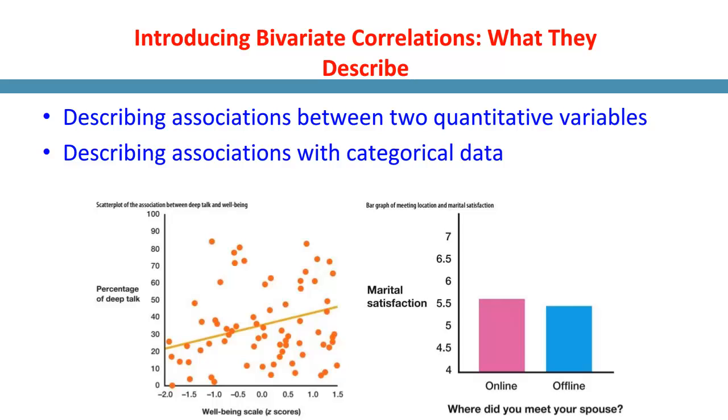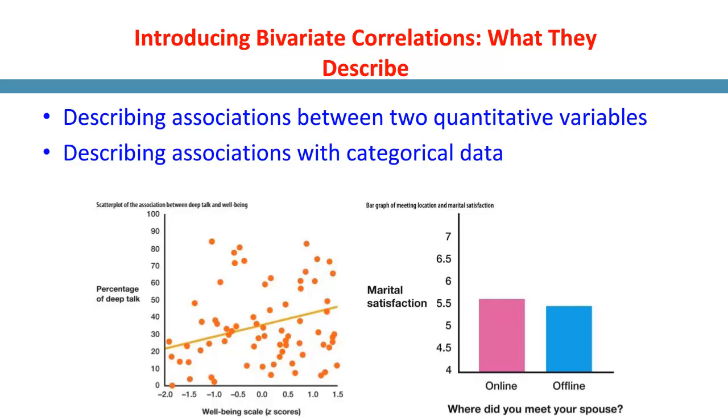You could also describe an association with categorical data. Categorical data has to do with categories. So maybe we want to look at stress in males and females. Or the example here, marital satisfaction and where you met your spouse, and you have two options there, online or offline.